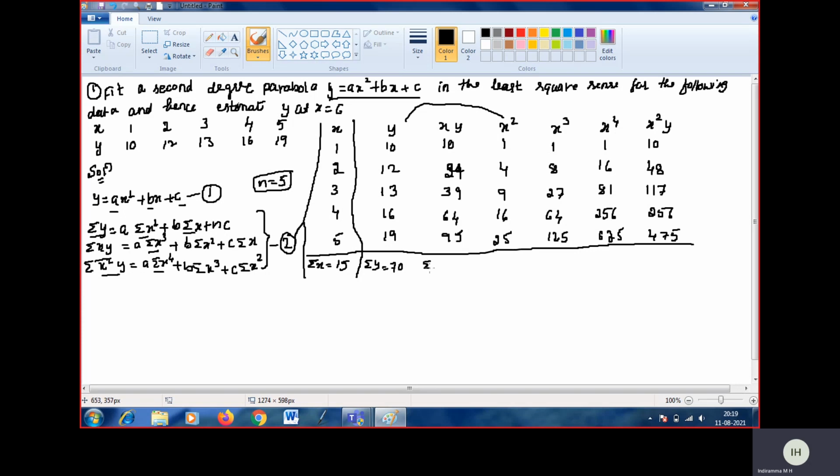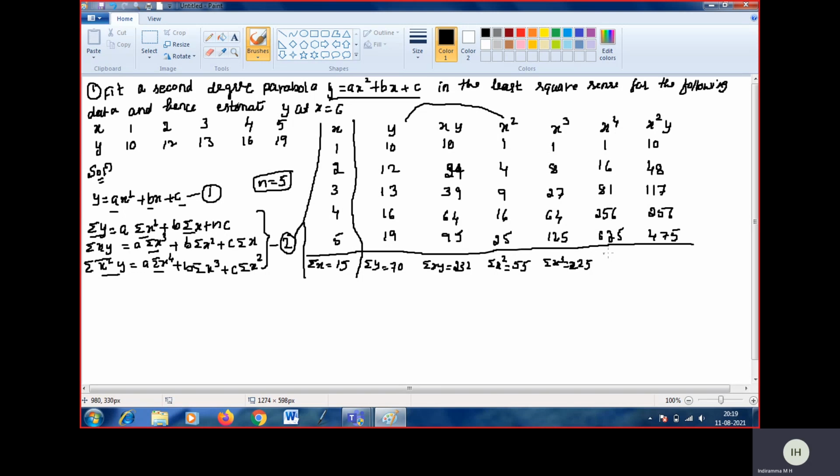Next, summation of xy will be 232. Next, find out summation of x square. By adding this column, we will get 55. Next, summation of x cube will be 225.